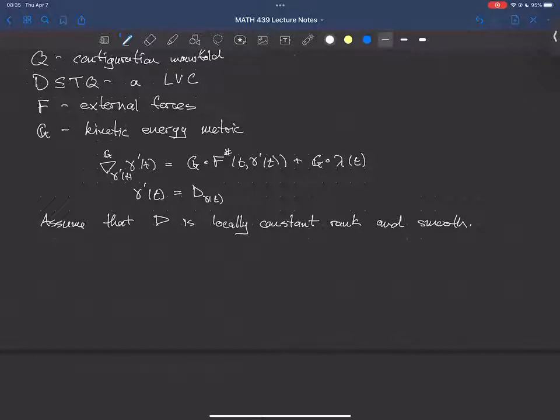You can, not very exotically, have situations where the locally constant rank assumption fails to hold. Actually, in those cases where the rank of the linear velocity constraint changes, so the dimension of the subspace D at a point does not agree with the dimension of that subspace at every point in a neighborhood. That's what it means to not have locally constant rank.